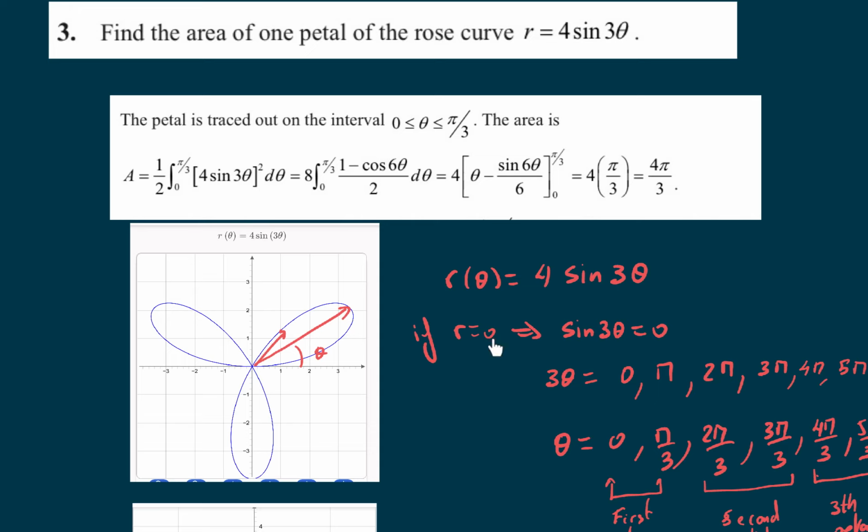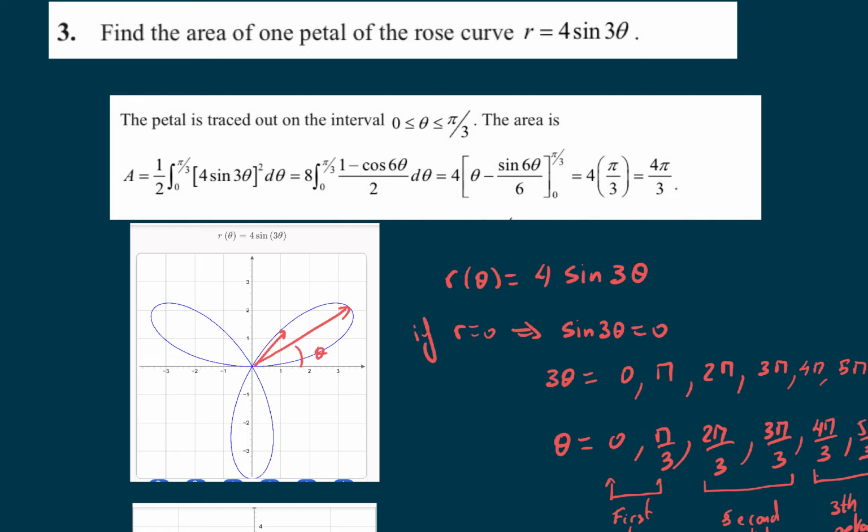If r is 0, because if you imagine the function passes through r equals 0 one time, 2 times, 3 times, 4 times. It passes through r equals 0 4 times.